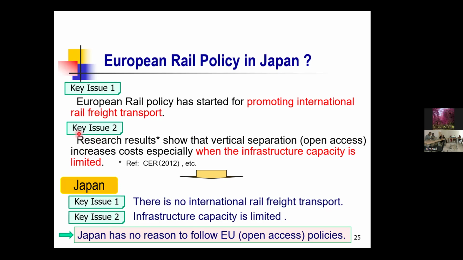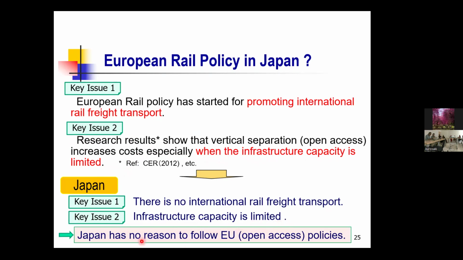Then, as I noted, key issue 2, the past results show that vertically separated operation increases cost, especially when the infrastructure capacity is limited. When I see the railway network in Japan, the infrastructure capacity is limited.